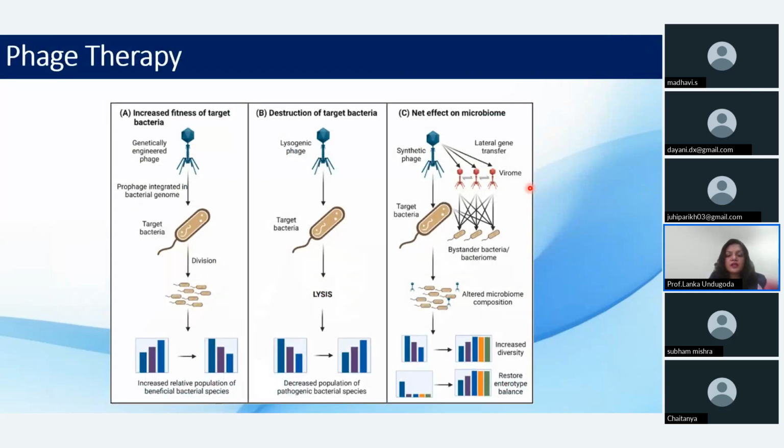When there is a viral attack, bacteriophages are developed to control the body, and at the end of the day they lyse the cell and destroy the cell to get to a stabilized level. We call it lytic and lysogenic cycles. The same concept we are using here to control the bad microorganisms in our microbiome.